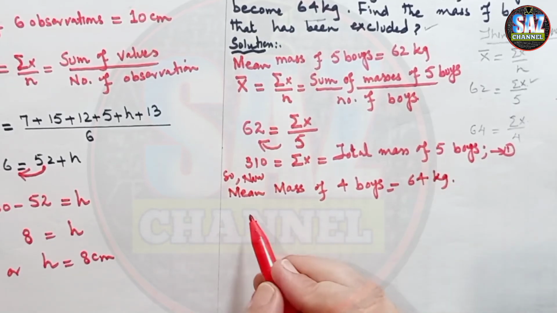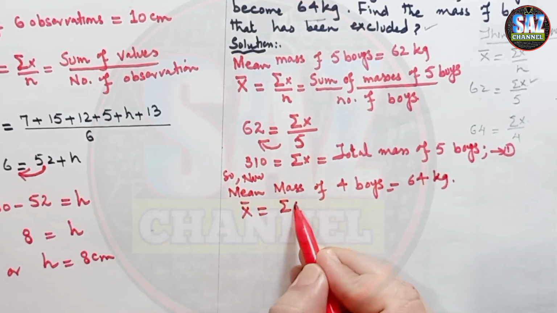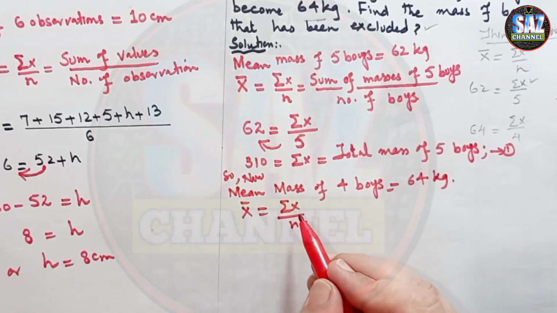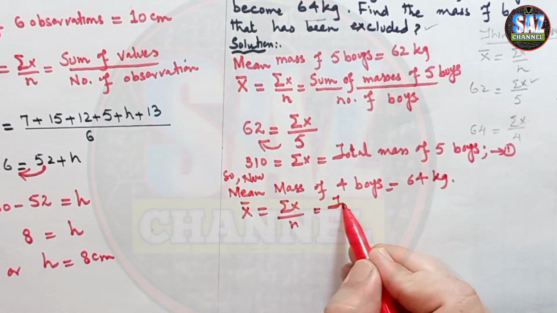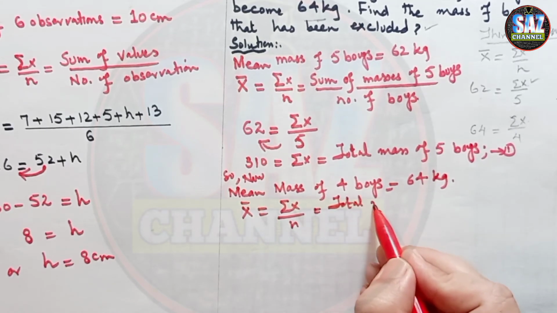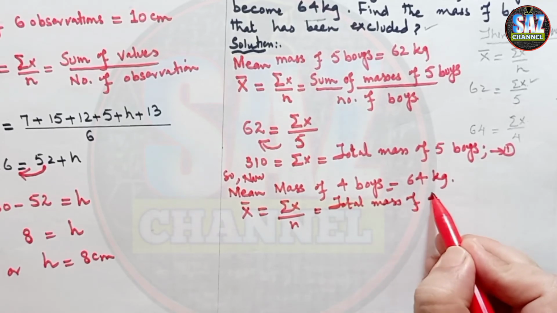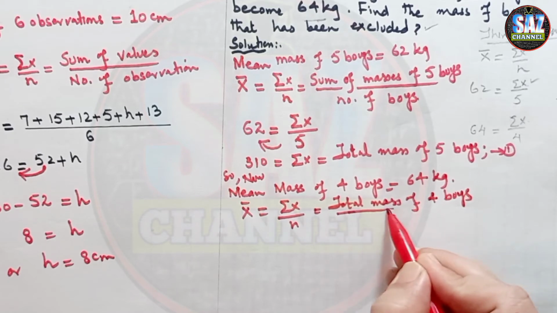Again we'll be using the same formula, x bar equals summation of x upon n. But here, students, this total will be the total mass of 4 boys, upon the number of boys.